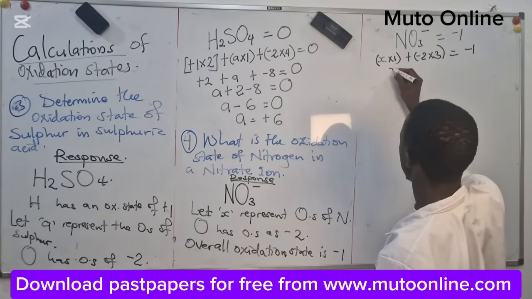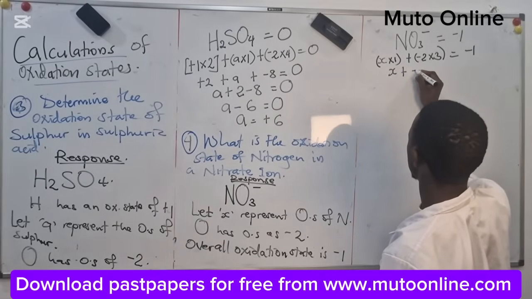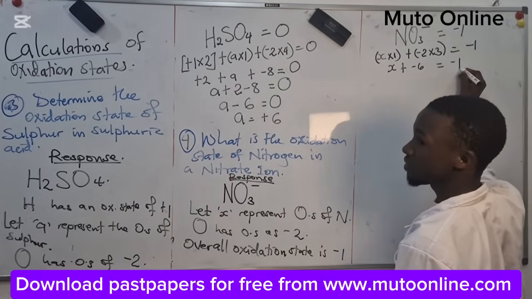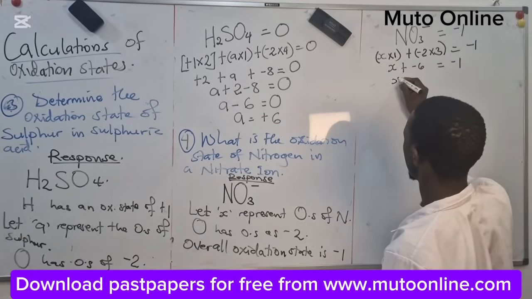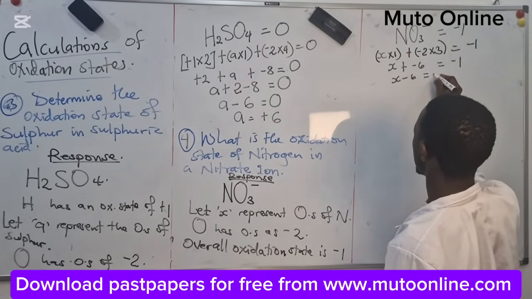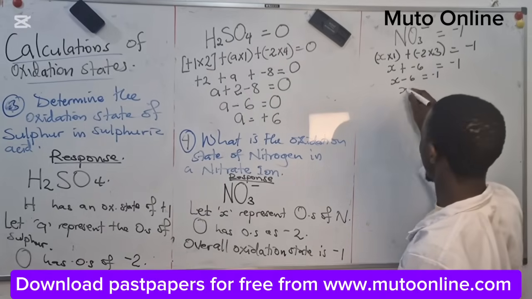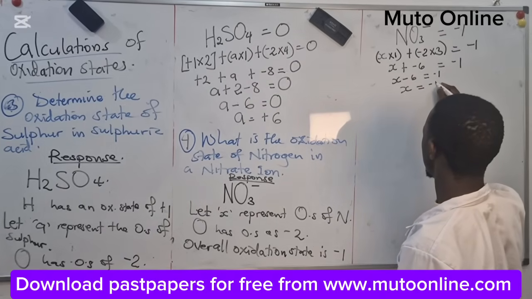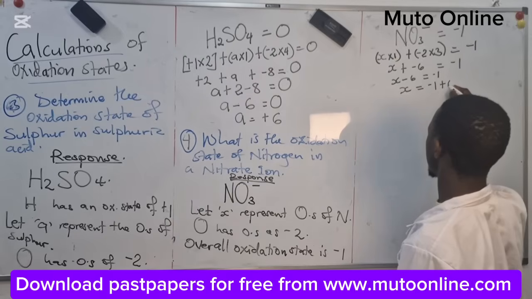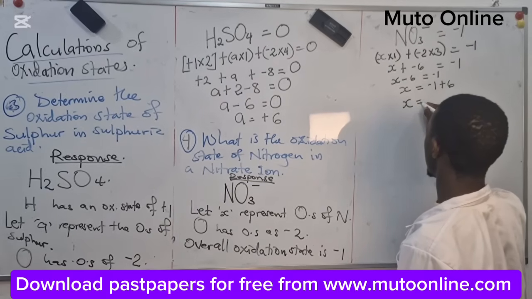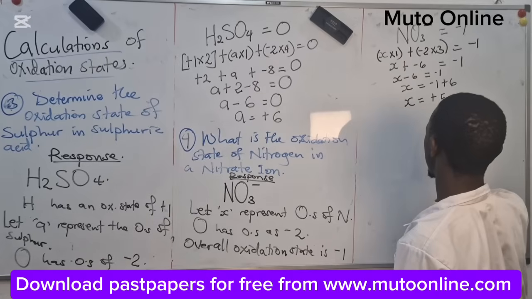So we shall have X plus -6, giving us a -1. So this is the same as X minus 6, equivalent to -1. Giving us our X as -1 plus 6, such that our oxidation state of nitrogen is a +5.